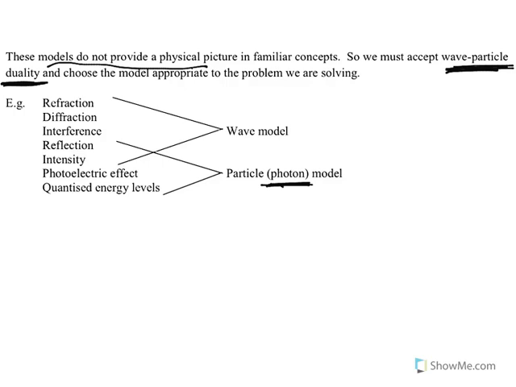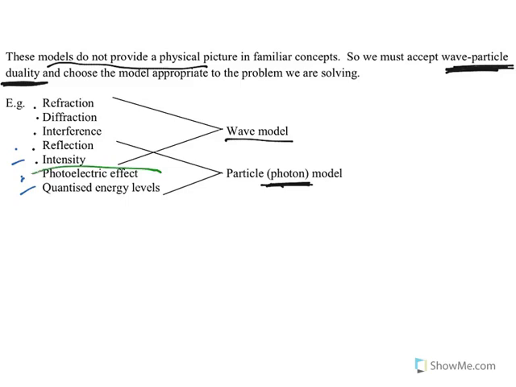So here are some behaviours of light. Things like refraction, diffraction, interference, reflection, even intensity, we can do with the wave model, and the wave model does well for them. The particle or photon model does reflection, intensity, photoelectric effect and quantized energy levels.